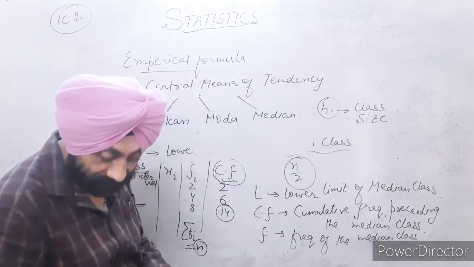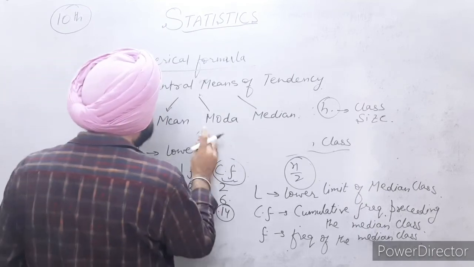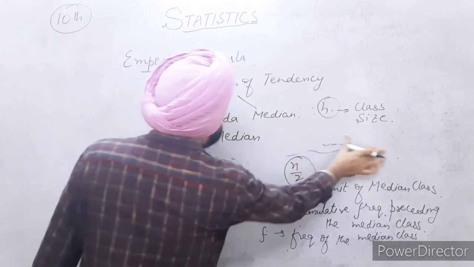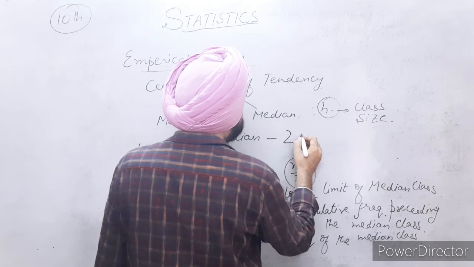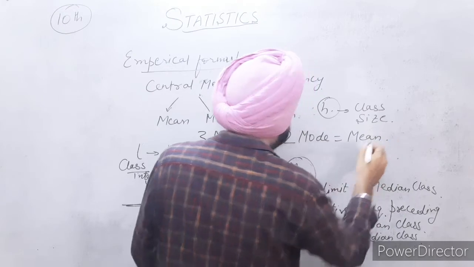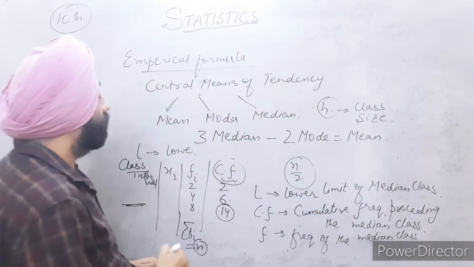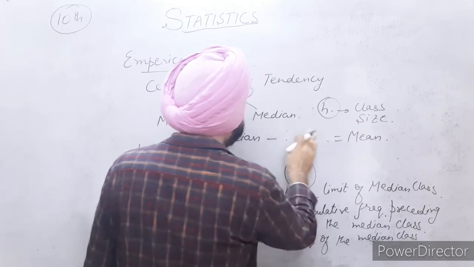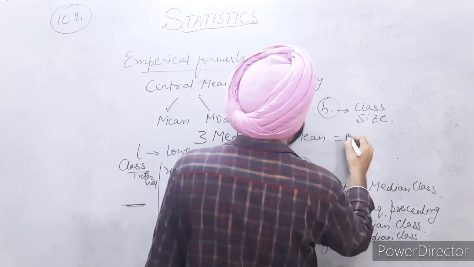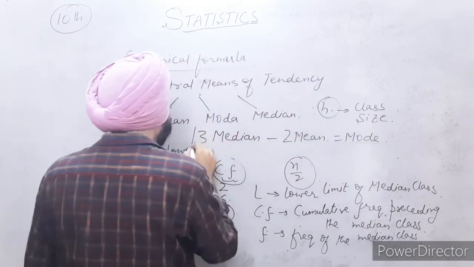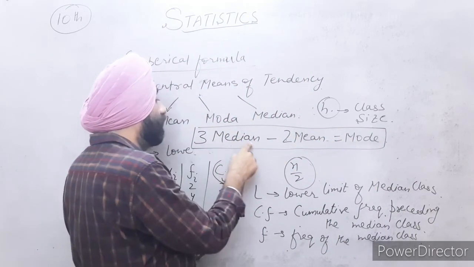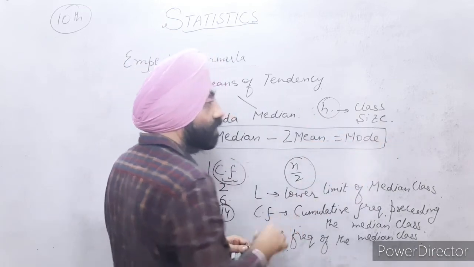The relationship between them is: 3 times median minus 2 times mean equals mode, or we can write 3 times the median equals mode plus 2 times mean.